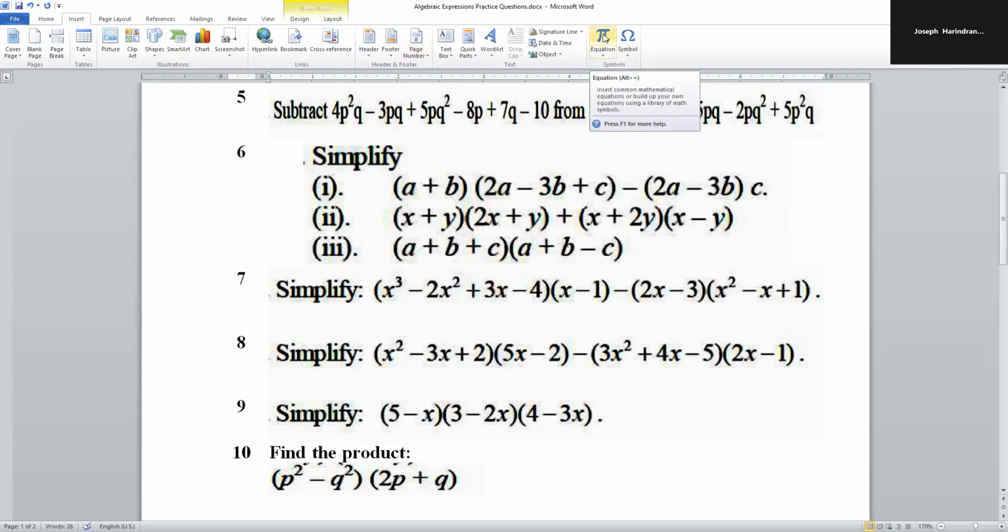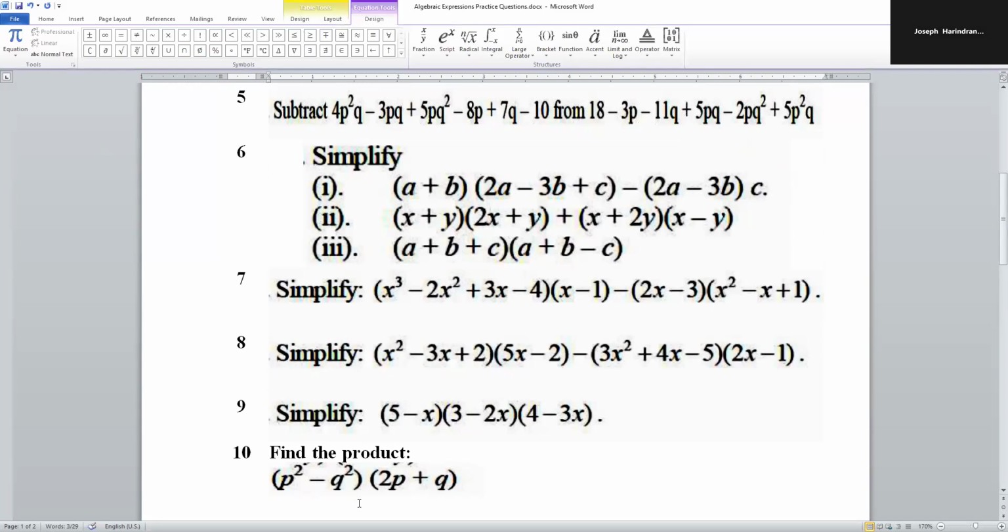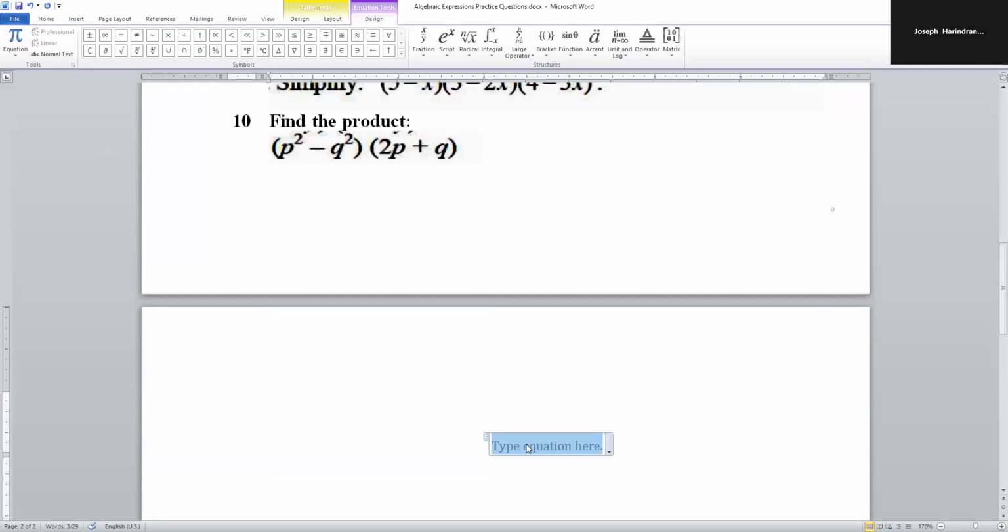We open another bracket, and we have the expression 5x minus 2 within a bracket. So this is the expression we are going to evaluate.